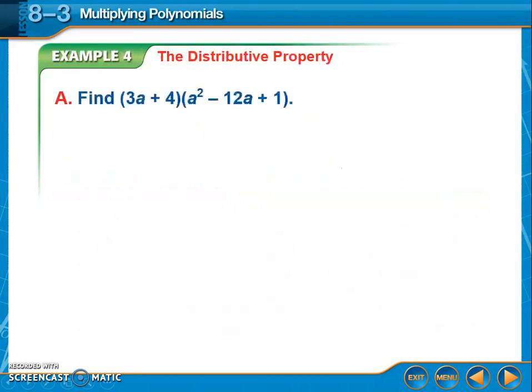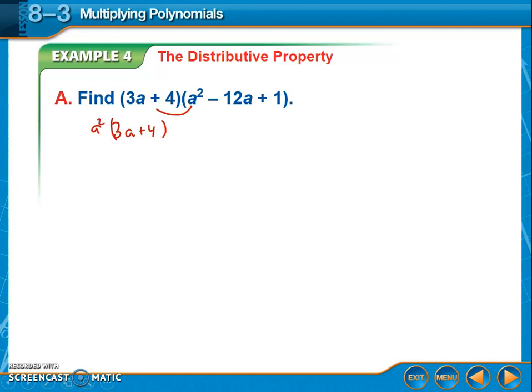Okay? All right. If we have a binomial times a trinomial, we're doing the same thing we were doing, more like what we were doing. So we're going to take this part here and multiply it to each of the 3 parts on the inside. Okay? So let's do 3a plus 4 times a squared.